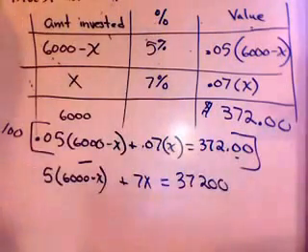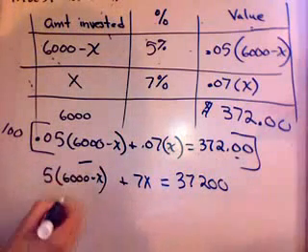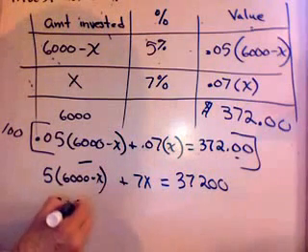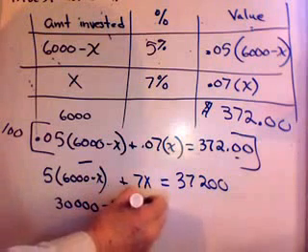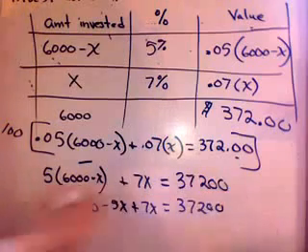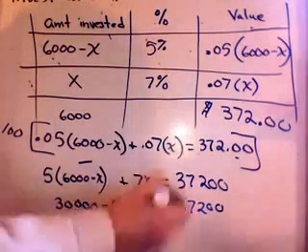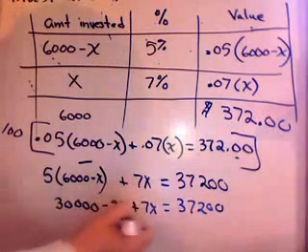All right. Now I can solve this equation, right? 5 times 6, that's 30, 3 zeros. You have a calculator if you need it. Minus 5x plus 7x equals 37,200.